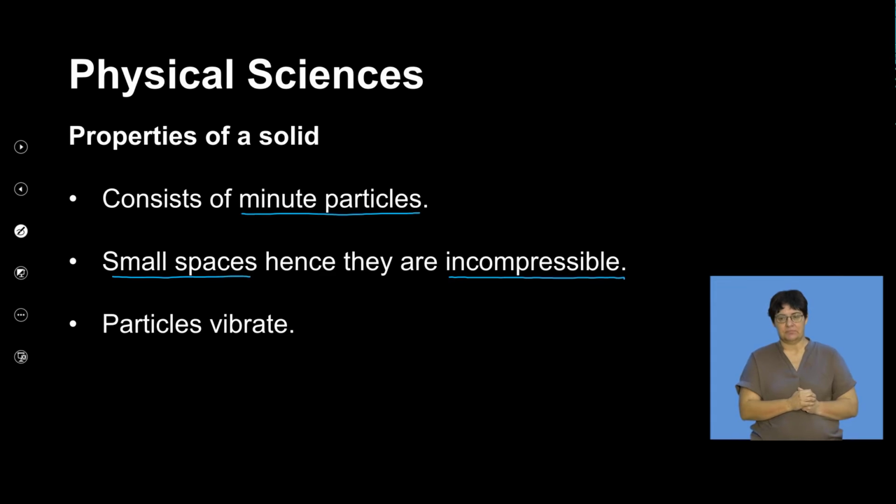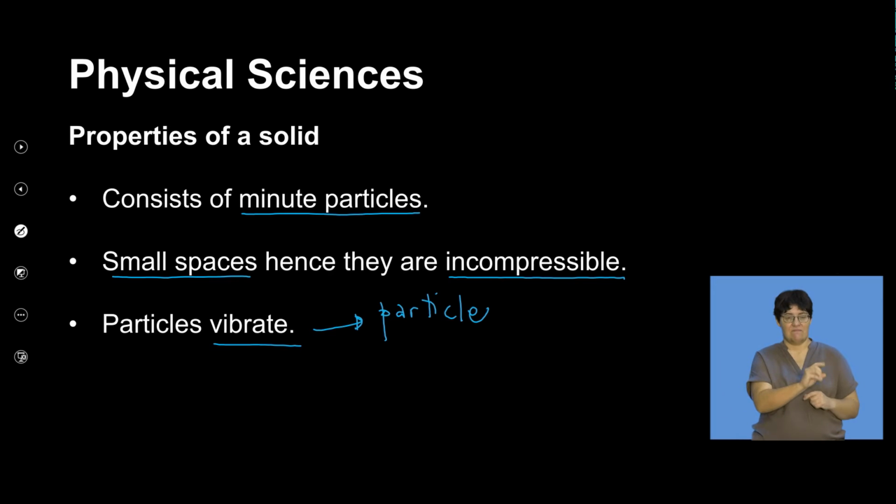And also, the particles of any solid material, like any form of matter, are in a constant state of motion. These particles vibrate. But what does that tell us? It tells us that particles are in a constant state of motion.